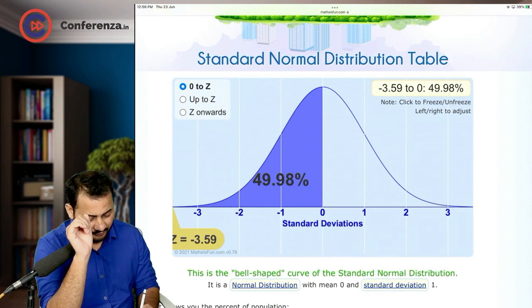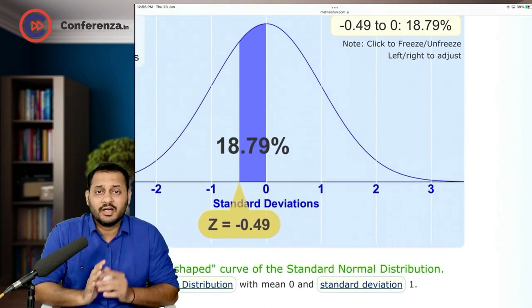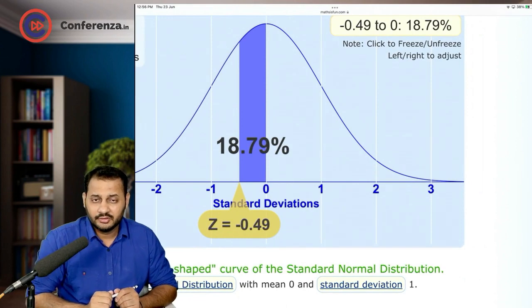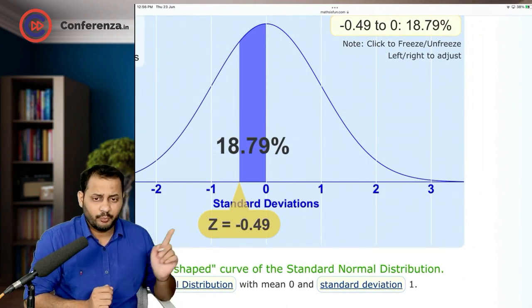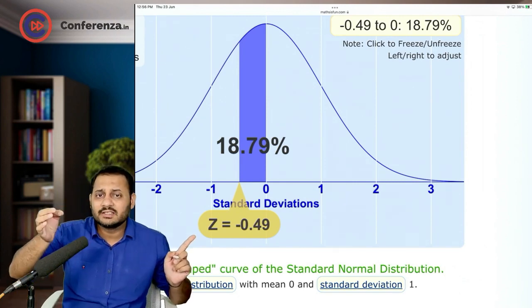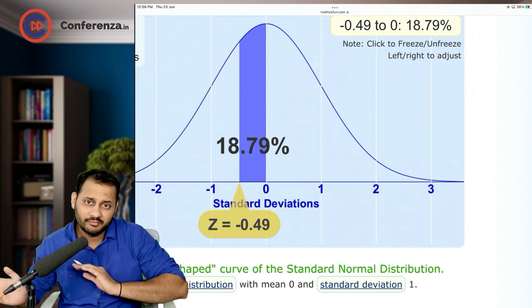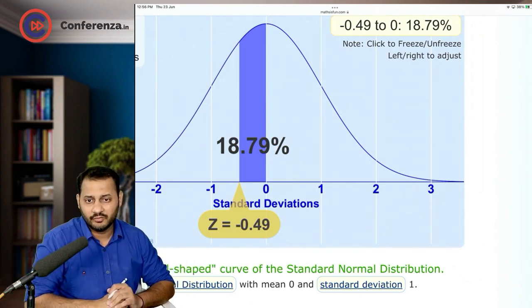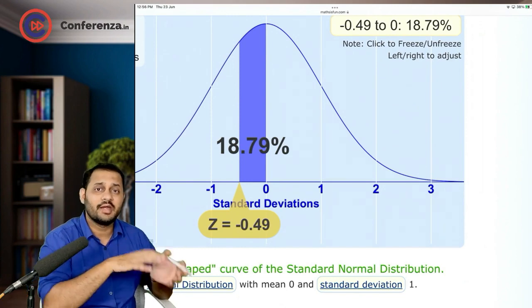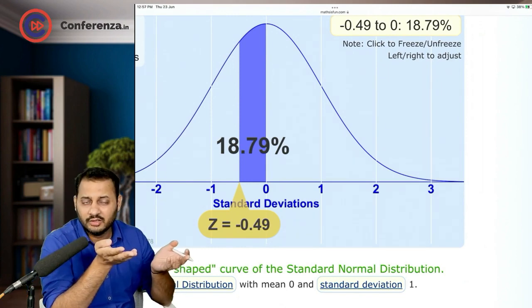Now if we want to calculate the area covered, just 0.49 standard deviation on the left of the mean, it will be 18.79%. The same applies to the right of the mean, because both sides have equal area covered.